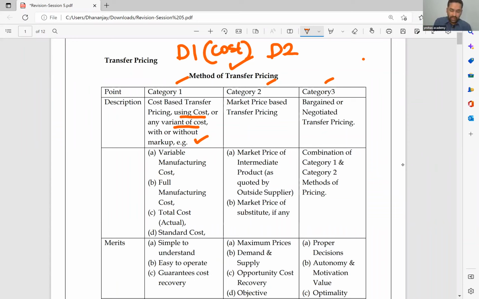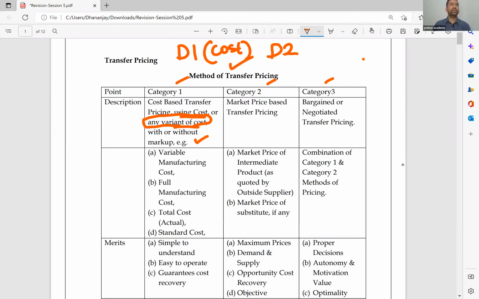Now they said any variant of cost. Now when I say cost, it can be many things. It can be only variable cost, total cost, total cost plus opportunity cost, or only manufacturing cost. Cost can have many variants. We will discuss all of that. But here, whatever we spend, only that cost is recovered.